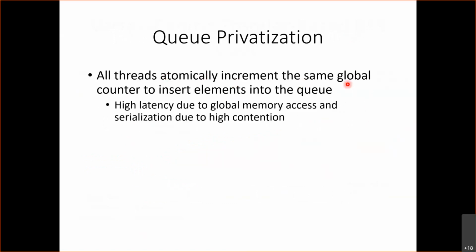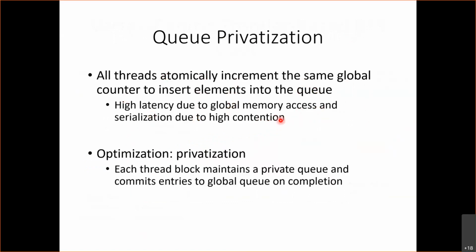So, queue privatization. As we saw, all threads are atomically incrementing the same global counter to insert elements into the queue. This means we have high latency because of the global memory access, and we have serialization due to high contention. The optimization we can apply is privatization, where each thread block maintains a private queue, and then commits entries to a global queue upon completion.